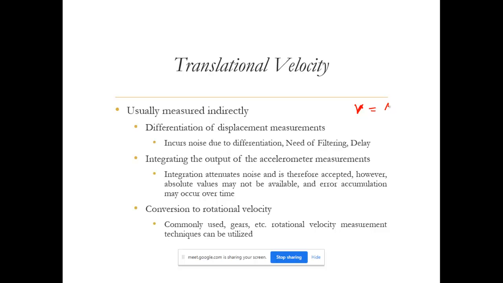So if we call it x_t and x_(t-1), divided by the time between the two samples that we get, this would give us the velocity.